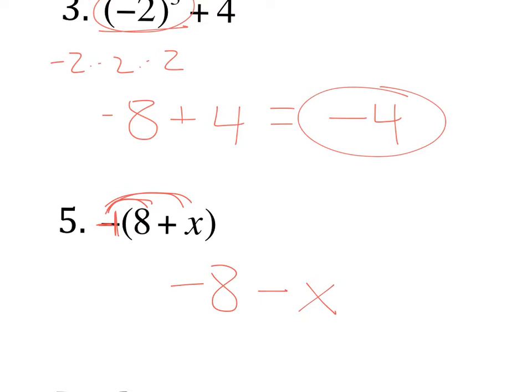Notice what I didn't do. I didn't finish this one and say, oh, x is equal to -8. No. That's not what we're talking about here. These are expressions. They aren't equations. This is as far as I can go right here.